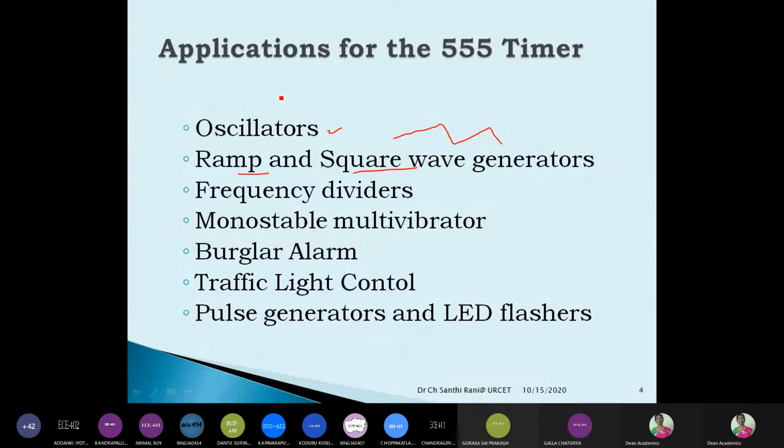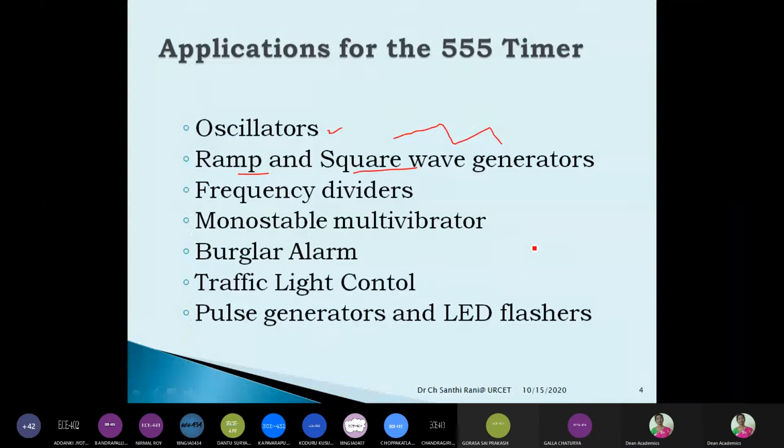Okay. Similarly, when it is used in astable or monostable multivibrator, we can have symmetric square wave or different time periods, all that. We have some knowledge on square wave generators also. A square wave generator using op amp we have seen, you can use the same 555 timer for this square wave generator.